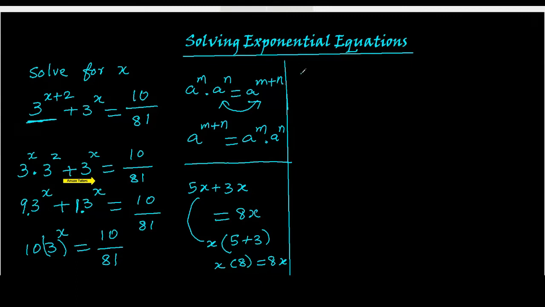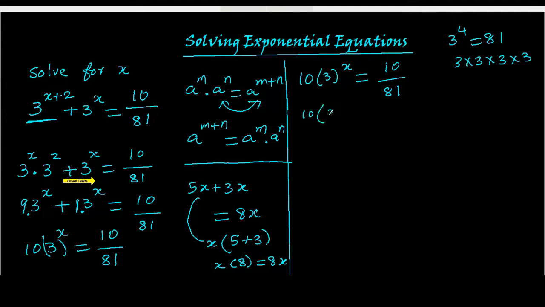Now, right side, I am going to rewrite 81 with base 3 because I know that 3 power 4 is 81. 3 times 3 times 3 times 3 is 81. 3 3s are 9, 3 3s are 9, 9 9s are 81. So, 10 times 3 power x equals 10 over 3 power 4.